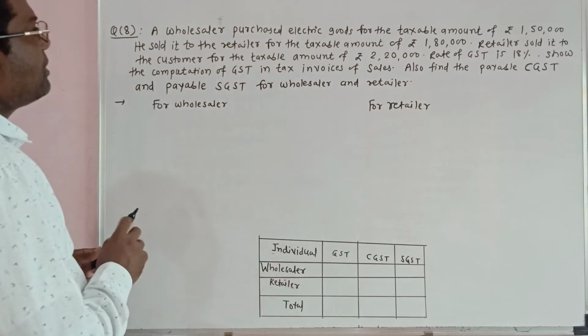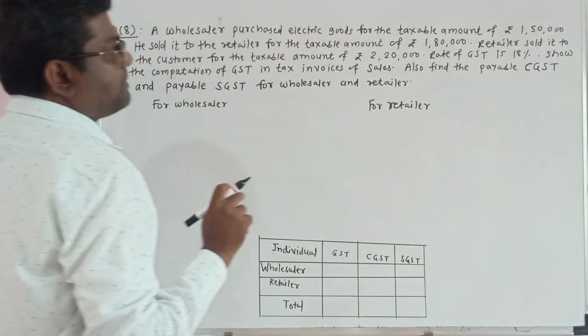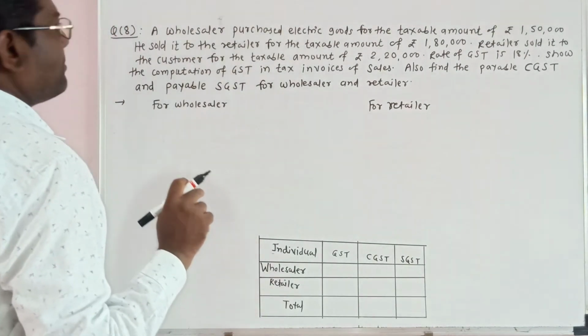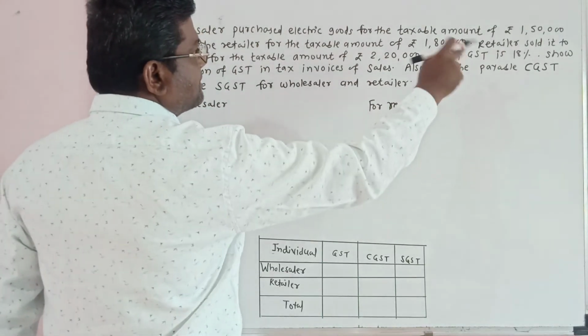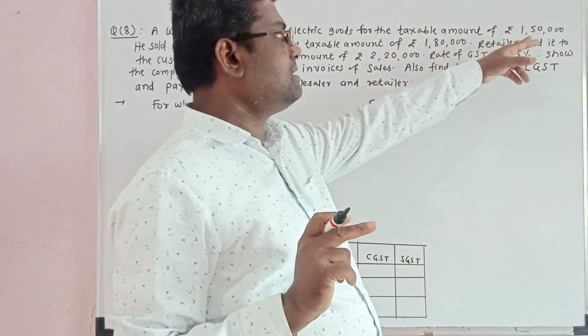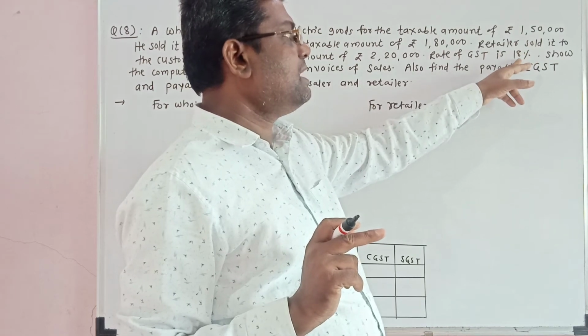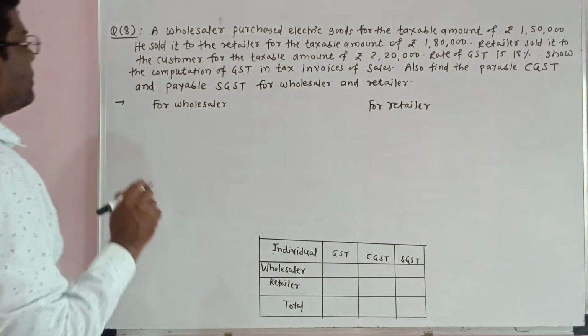Now for the wholesaler, purchase value is 1,50,000. On this value 18% is GST. Therefore 18% of 1,50,000 will be input tax for the wholesaler.